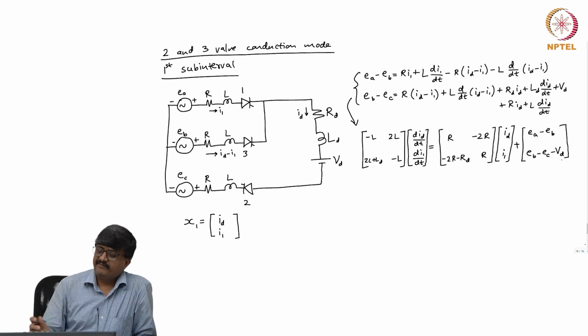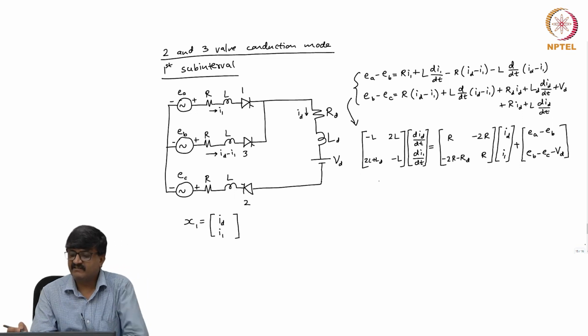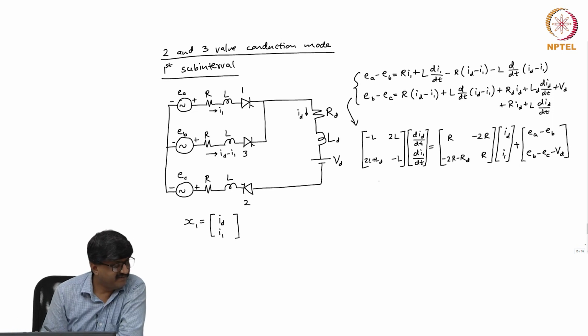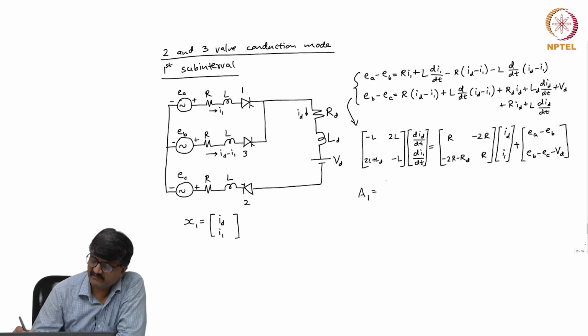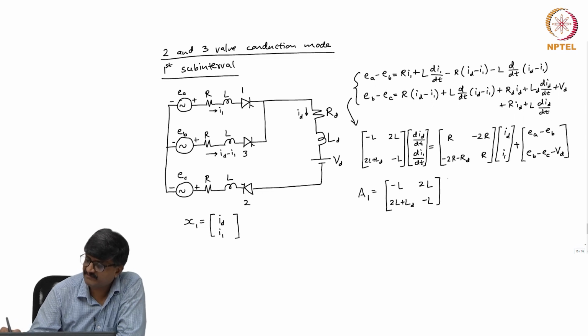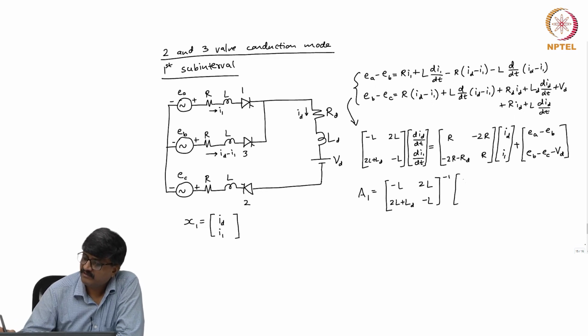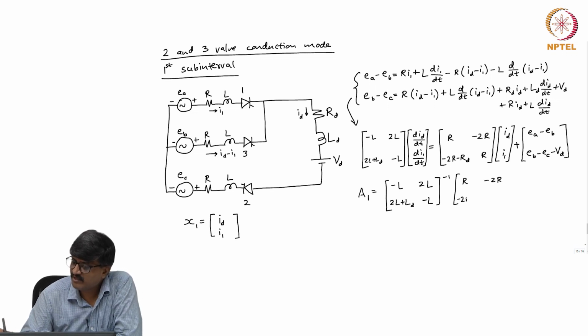If I pre-multiply this equation by the inverse of this square matrix on the left hand side, I get the equation in the standard form. From that I can get A1 and U1. I can write A1 as the inverse of the matrix [minus L, 2L; 2L plus LD, minus L] times the matrix [R, minus 2R; minus 2R minus RD, R].